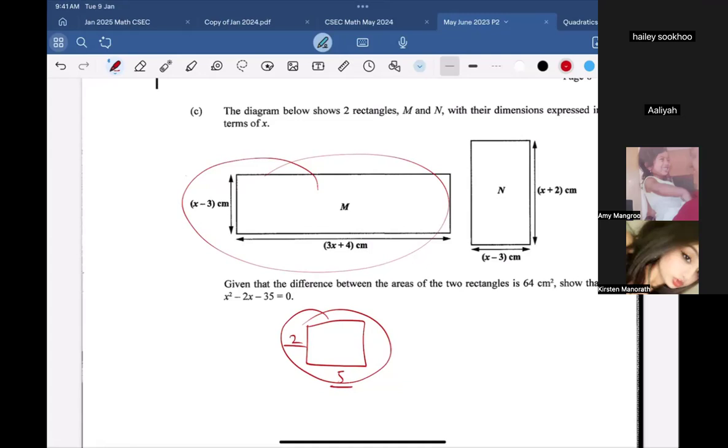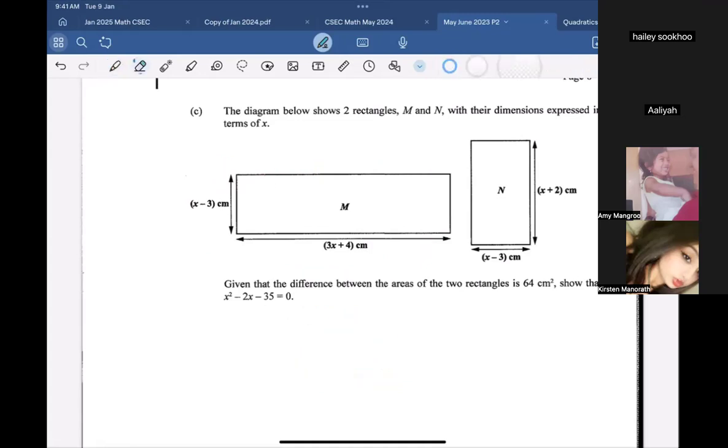Yeah. Right. But here's the trick. Vade, what are they saying? The difference between the areas of the two rectangles is 64 centimeters squared. So when I find the area for M and I find the area for N, what am I going to do to that? Minus.